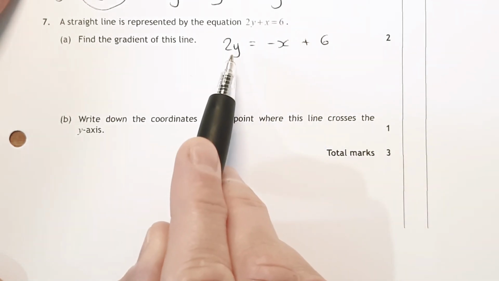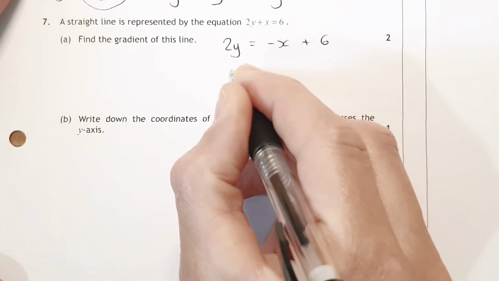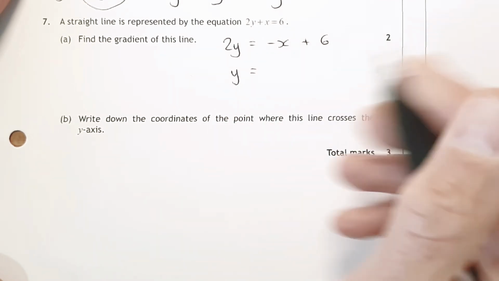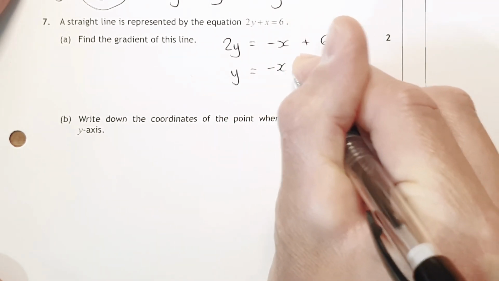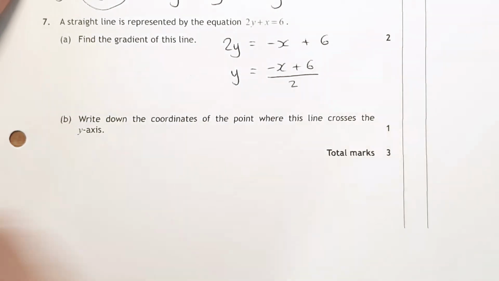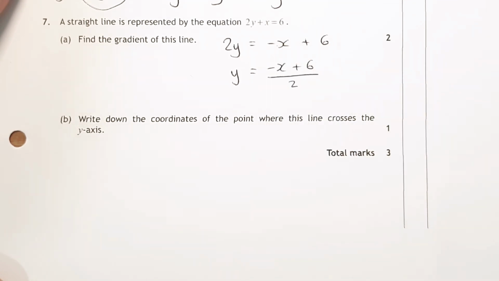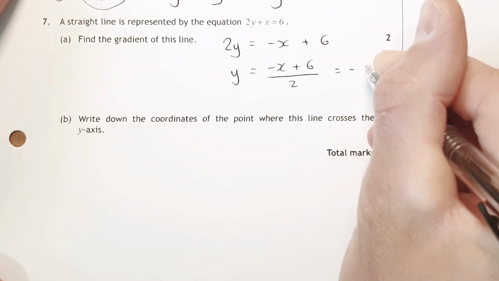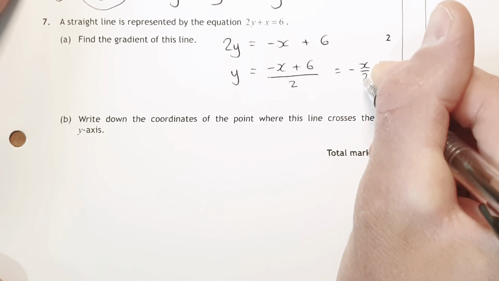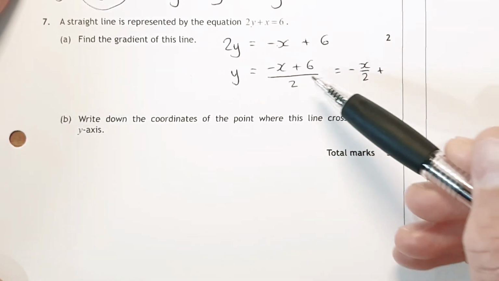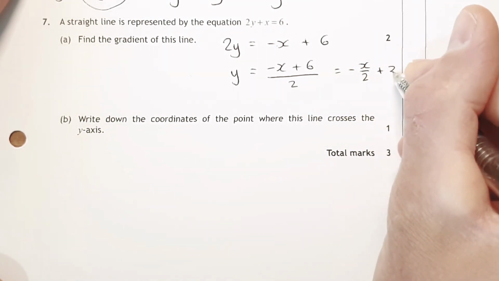Now, I still don't have y as the subject, I've got 2y, so I need to divide both sides by 2. So you can either write it as negative x plus 6 all divided by 2, but then some people will still struggle to find the gradient from that. So what you can actually do is individually divide each of these by 2. So I'd be more inclined to say negative x over 2, that just means a half of x, plus 6 over 2 is 3.